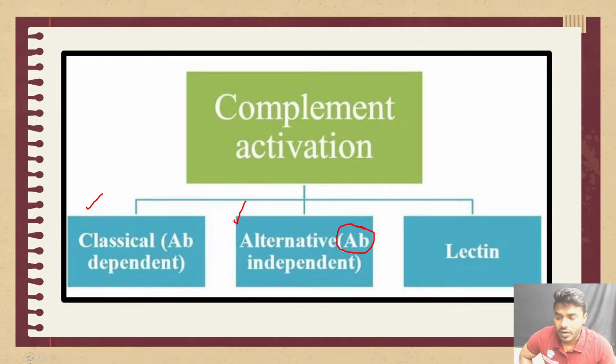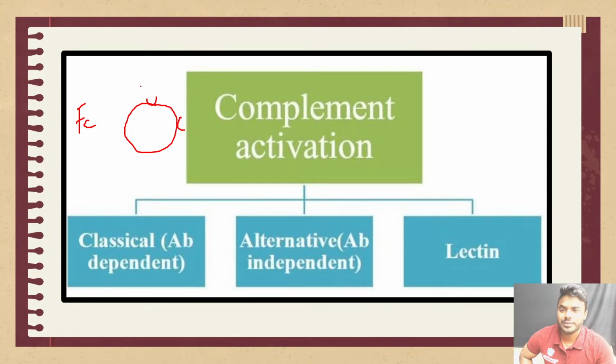No, no, no, Priya. Nothing like that, Priya. Your question is valid, dear. Fc receptors are specific for the IgE in the mast cell. At the same time, Fc receptors are also present on the mast cell, to which complement molecule also can come and attach.